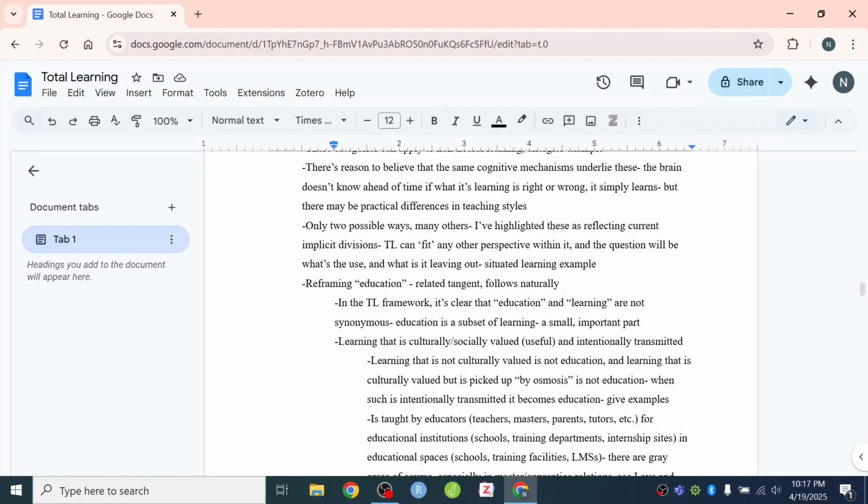To give an example, let's take something like how to tie different types of knots. Back in the 1700s or 1800s, this would have been much more culturally valued than it is now, because tying knots is a very important skill you could have as a shipwright and in all different kinds of jobs.